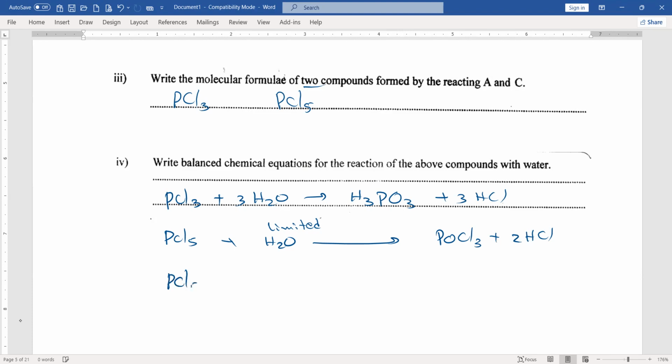If you add excess of water, then you will get H3PO4 plus 5 HCl, and 4 water here. If you write these, only one reaction for PCl5 is enough.